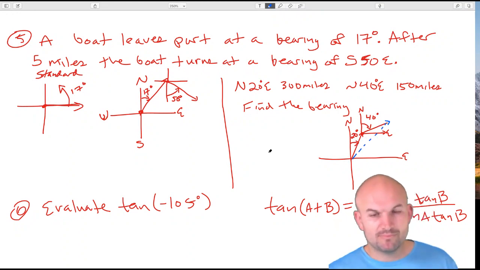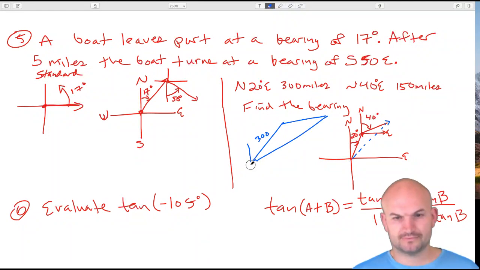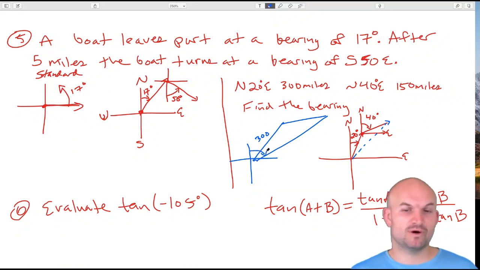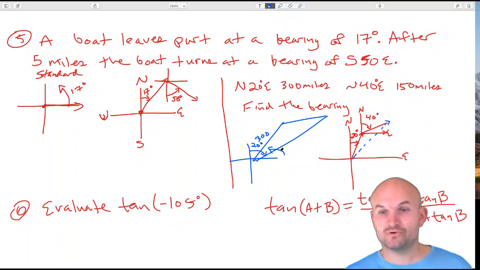So basically what we have is an oblique triangle. So we have this triangle, which is 300, and then we have this, and then we have that. So what we need to figure out is, what is that angle? We know that this is going to be 20 degrees, right? We need to figure out what that angle is going to be.